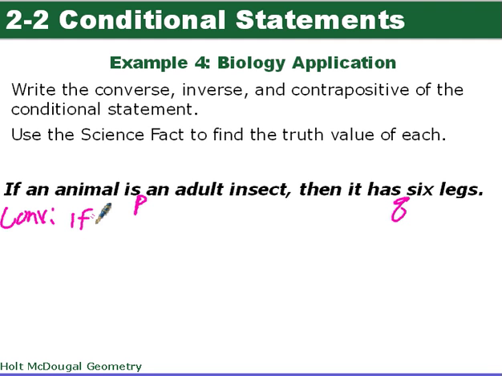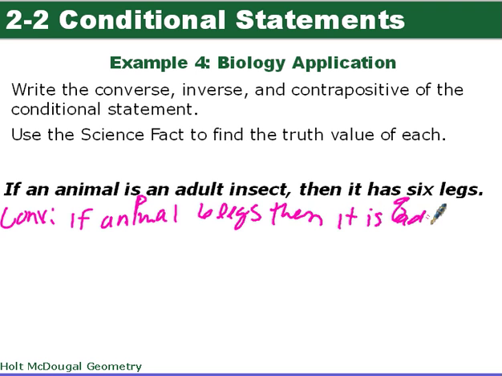If an animal has 6 legs, then it is an adult insect. Is that true? I don't know of any other thing that has 6 legs naturally, so that's going to be true.